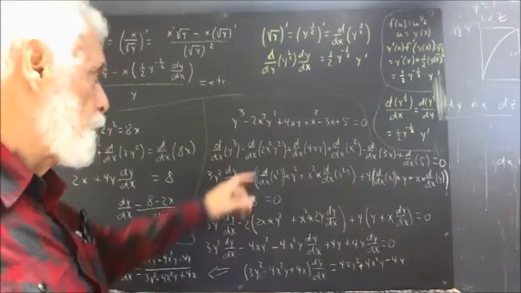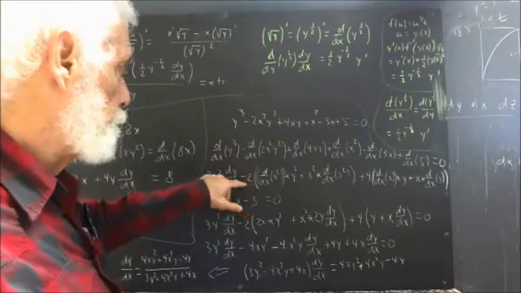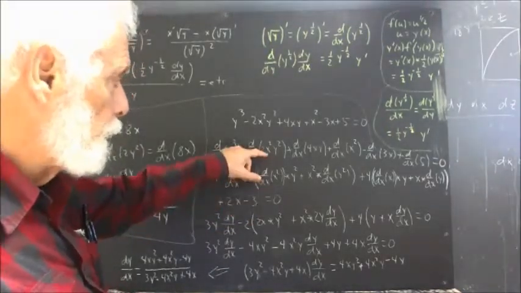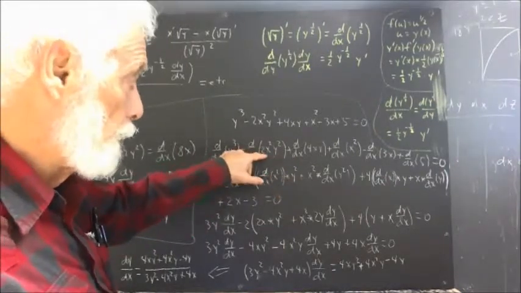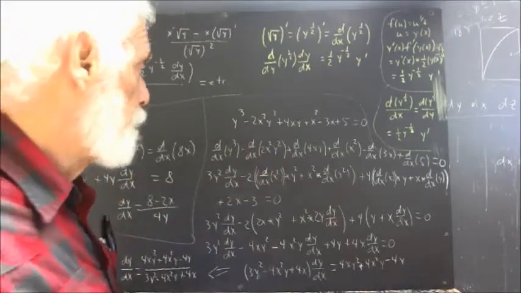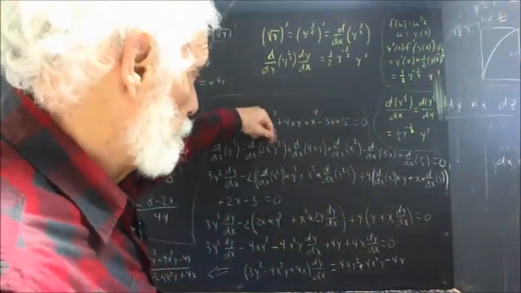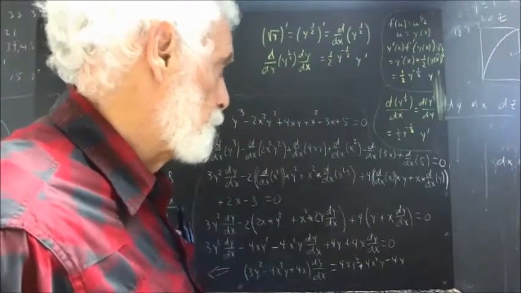Then we have to use a product rule here. We'll factor out the 2, and then we have the derivative with respect to x of x squared times y squared: the derivative of the first times the second, plus x squared times the derivative with respect to x of y squared, first function times the derivative of the second. That's just our product rule.